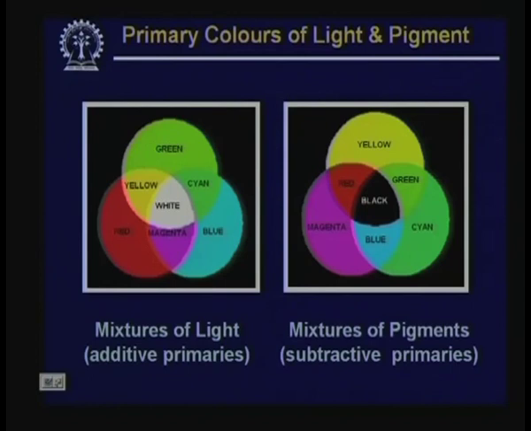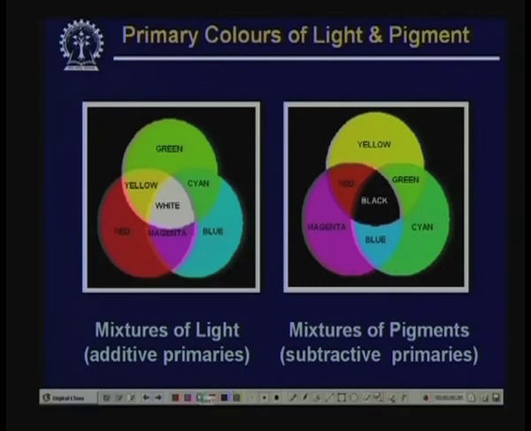Because of this, the colors of light are called additive primaries, whereas the colors of pigments are called subtractive primaries. Here you can see in this slide that of the three primaries of light, red, green and blue, red and green mixed together form yellow light.